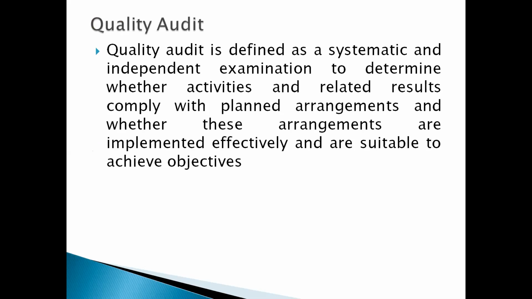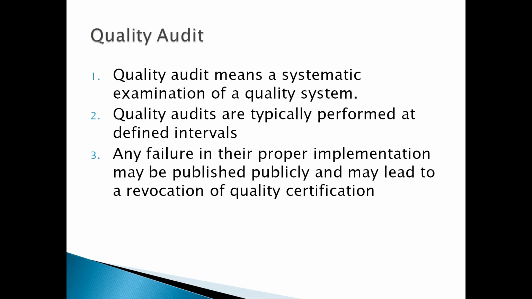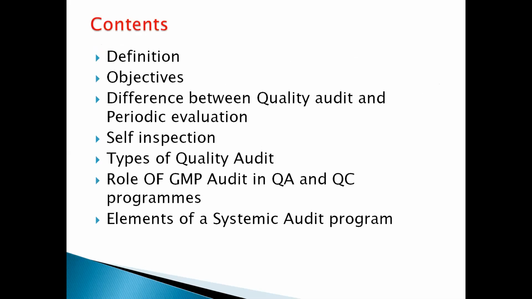The quality audit is defined as a systematic and independent examination in order to determine whether the activities and related results comply with the planned arrangements, and whether these arrangements are implemented effectively and are suitable to the objectives. Okay, that is the quality audit.